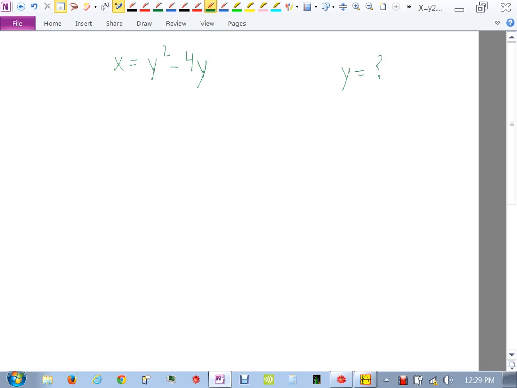So here's what we do instead. Go to mode on your calculator, and somewhere there you should have the option of function, parametric. It should say something like func, para, polar, SEQ. Select para.